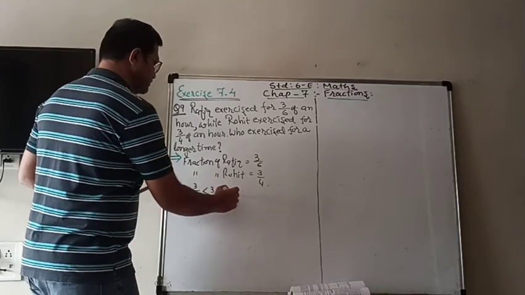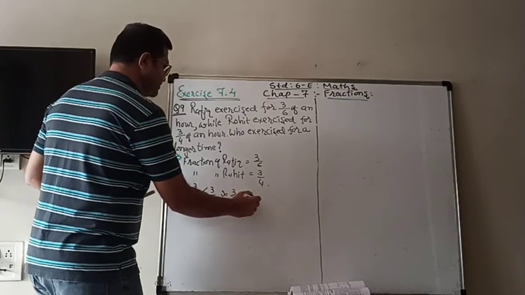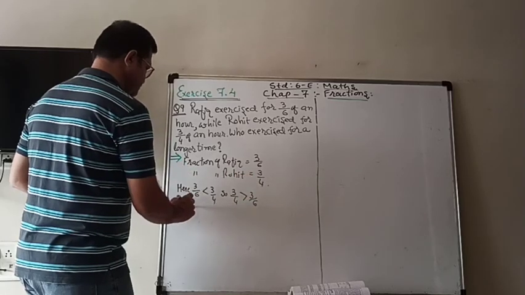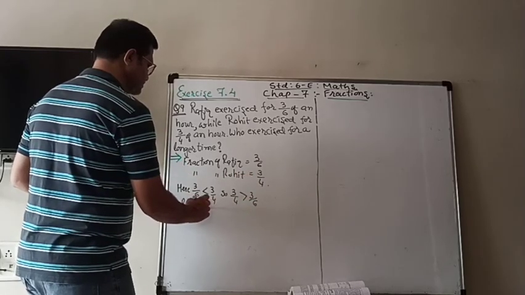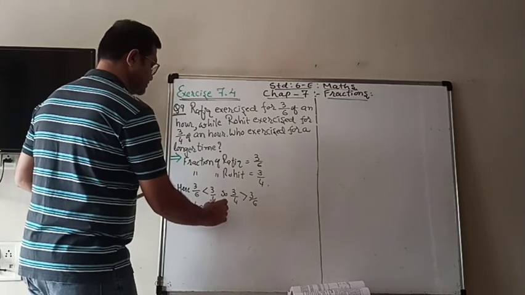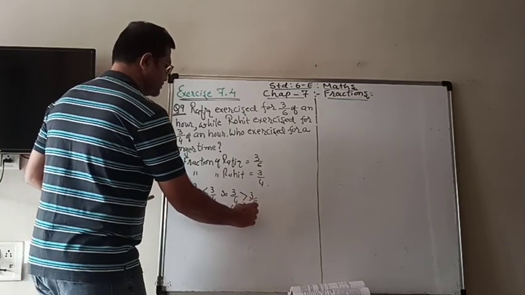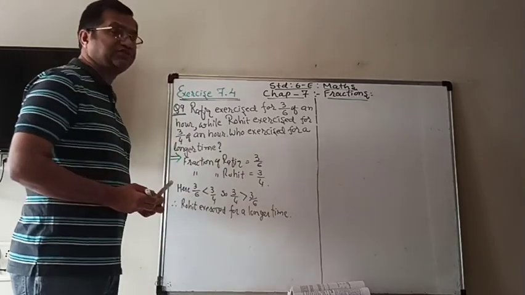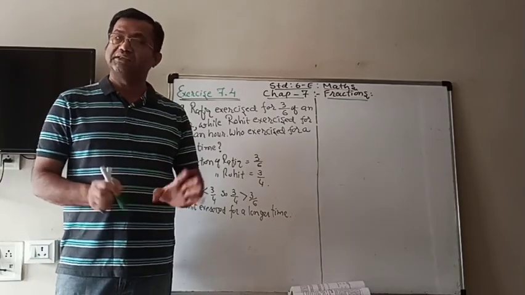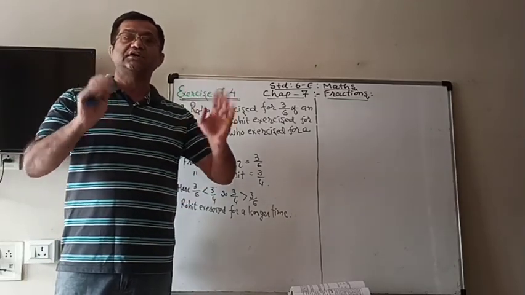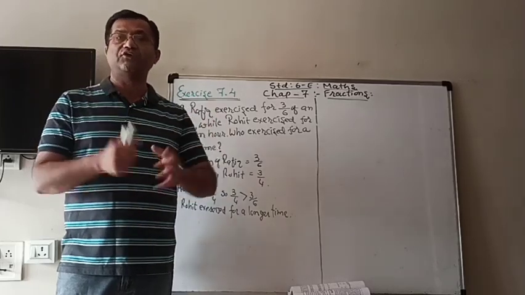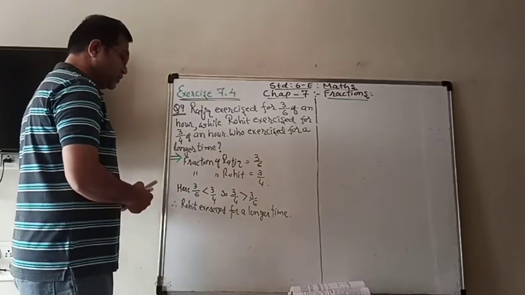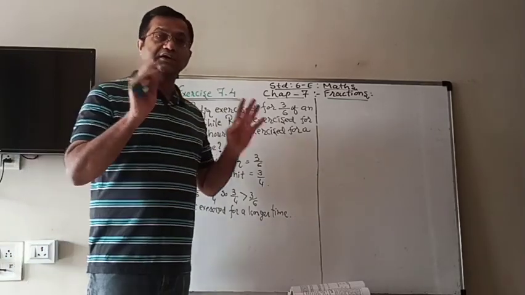So 3/4 is greater than 3/6. So who is 3/4? Rohit. Therefore, Rohit exercised for a longer time. Here we don't have to convert them into like fractions because they are unlike fractions, but their numerators are the same, and therefore it is easier for us.